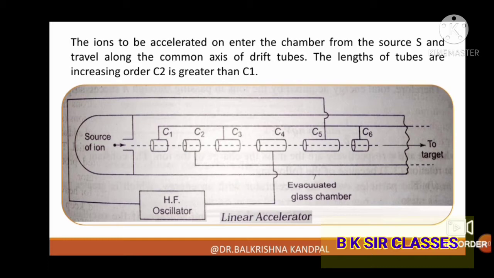The total arrangement is kept in the evacuated glass chamber, and the drift tubes are connected with a high frequency oscillator. After this, all the tubes lead to the target, where we can see how the ions are accelerating.